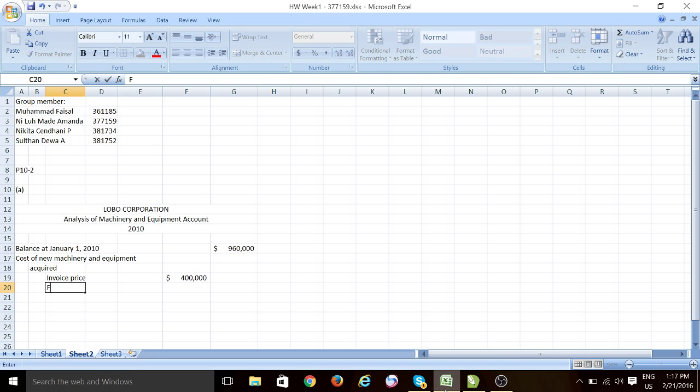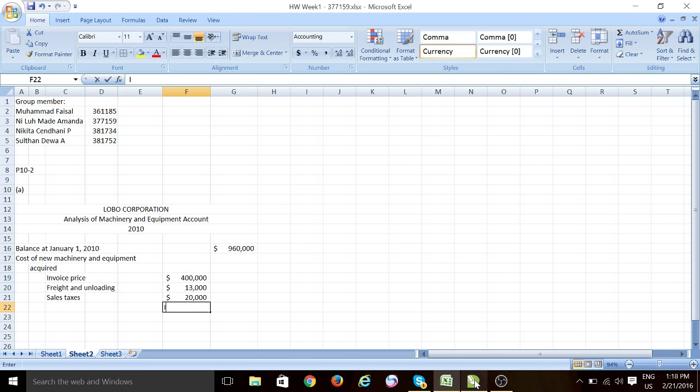So we put the freight and unloading, 13,000, and then sales taxes, 20,000.